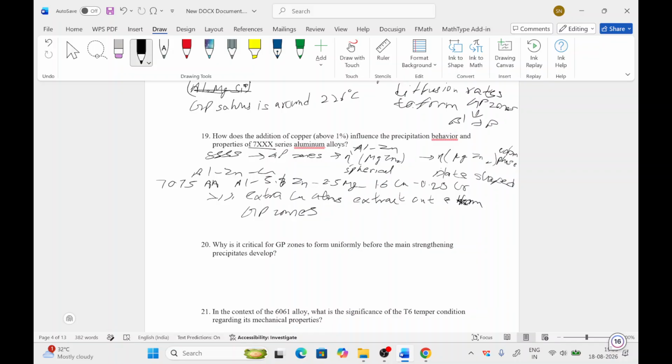The copper in the precipitates provides good stress corrosion resistance.